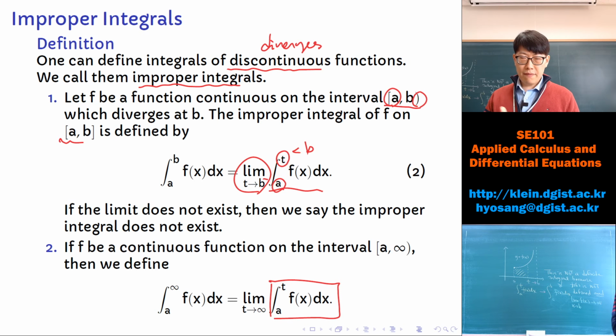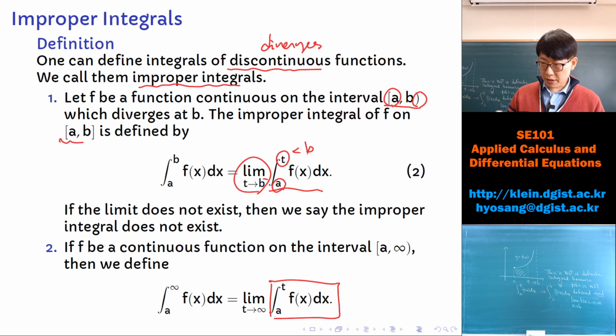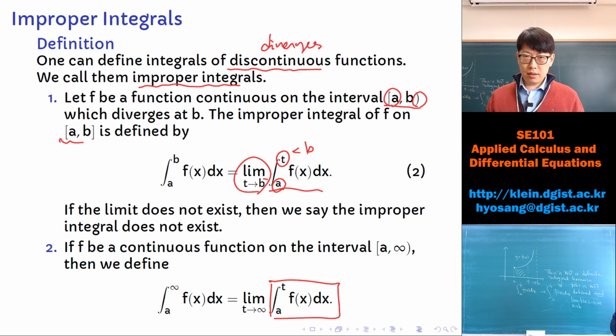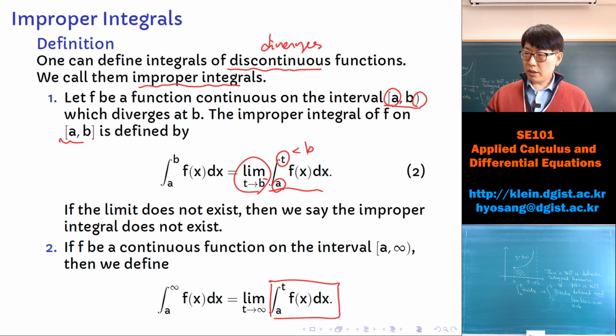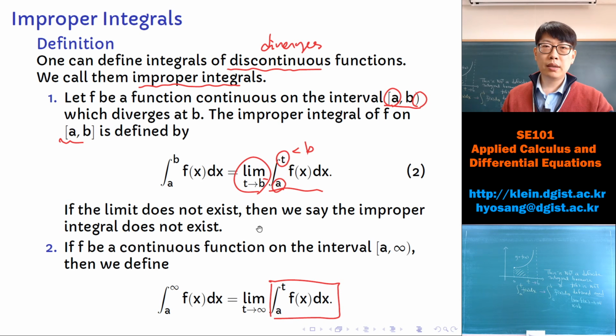So f of x could be a bounded function for the entire a to infinity, but you may have an infinite area under the function, right? So the limit may or may not exist. So we are checking whether the limit exists, and if it exists, we can conclude that the improper integral exists.